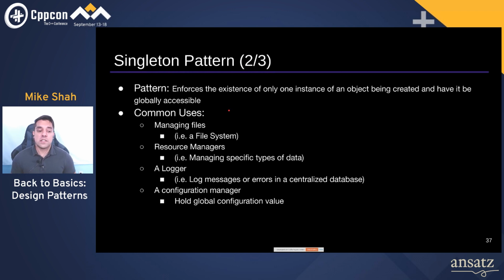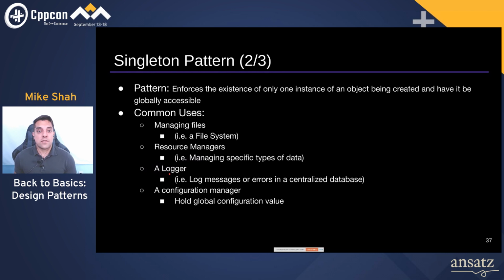Common use cases for the Singleton pattern, where I've seen it in the wild, or typical use cases you'll see when explaining the Singleton pattern, are managing files. So a file system, ideally you just have one. And sometimes this is thought of too with a sort of resource manager. So maybe you're managing specific types of data, like loading images or audio files, and want to make sure you only load one copy of those files.